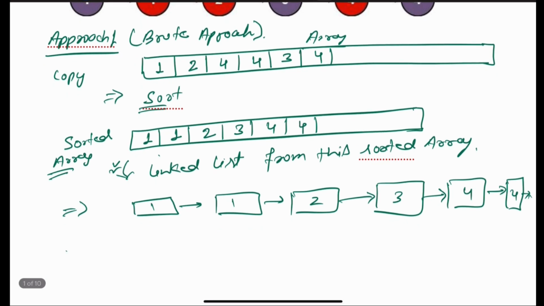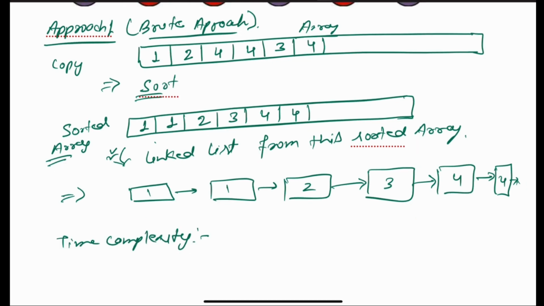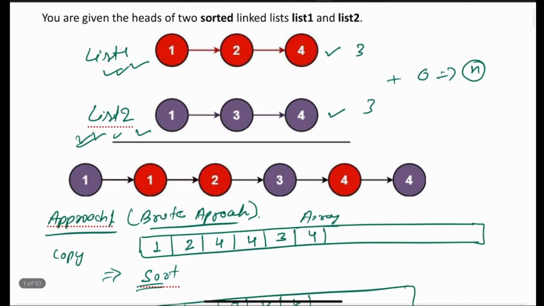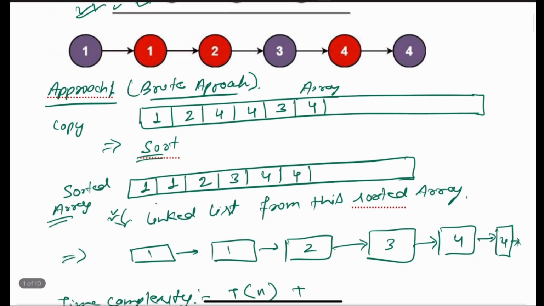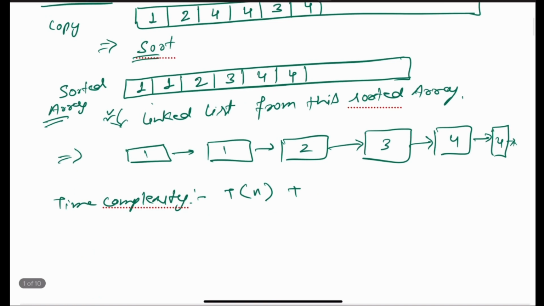The reason for this is, what will be the time complexity of this approach? First we have to copy both lists' elements into this array list, right? So for this, we have to traverse list 1 and list 2, and for that the time complexity will be O of n. And then again, we have to add the nodes into this array list, so again we're going to take a time complexity of O of n.